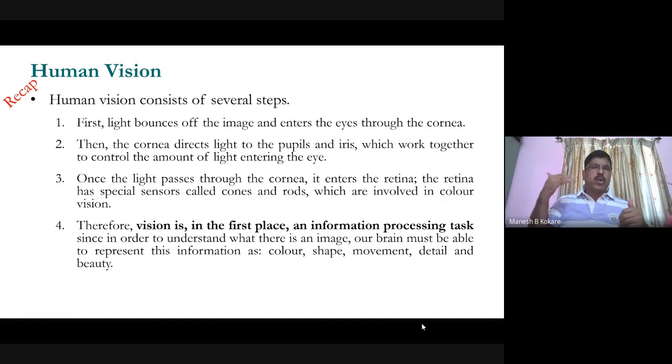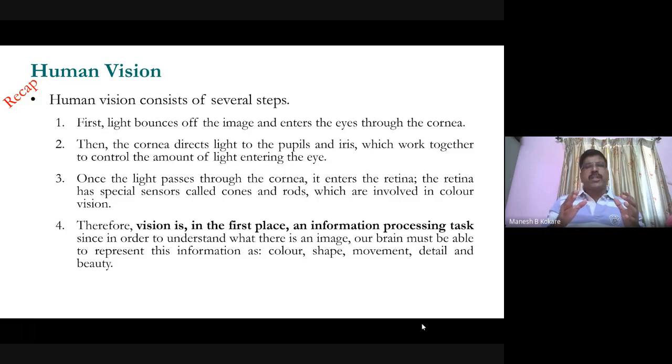I also told you that if your lenses are not working properly, or if you have the vision problem of nearsightedness or farsightedness, then you have to use external lenses, like spectacles, which help to form the image on the retina.